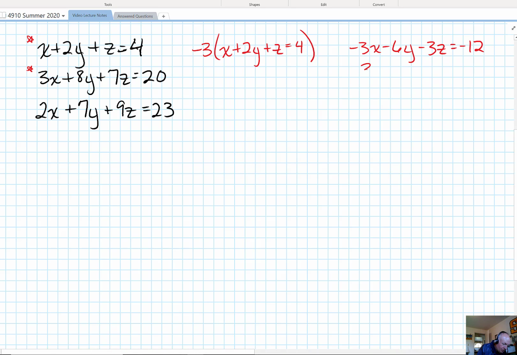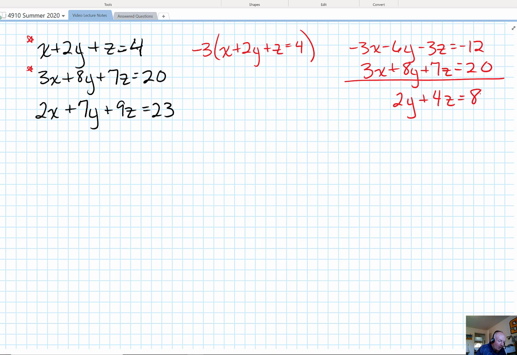I just happen to pick the first 2, and I'm eliminating the x variable. I'm free to choose. If I add now, the x's are gone, and I'm left with 2y plus 4z equals 8.